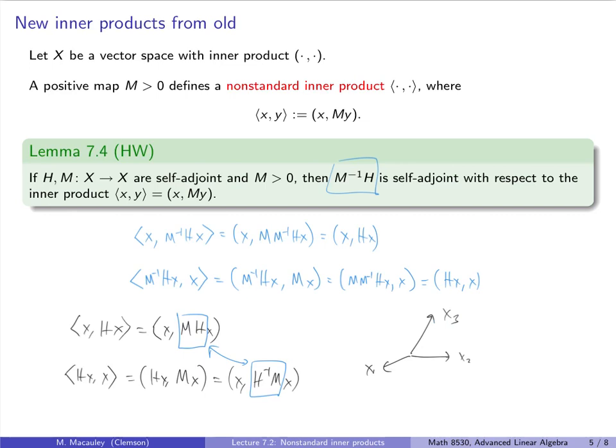If these are not orthogonal with respect to the standard dot product, then that matrix is not going to be self-adjoint or symmetric. However, we can certainly define an inner product structure where these vectors are going to be orthogonal. And in that case, with respect to that inner product structure, the matrix is going to be self-adjoint.